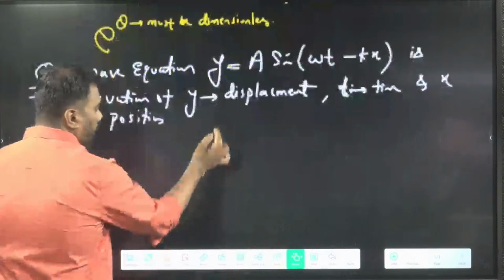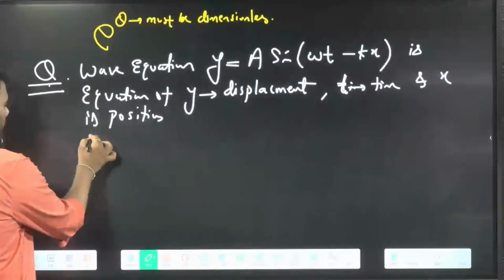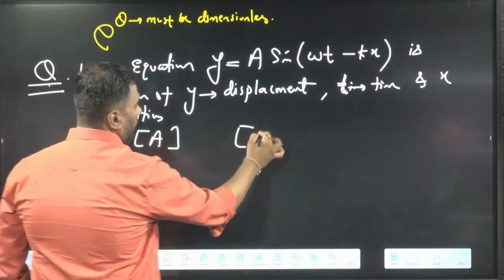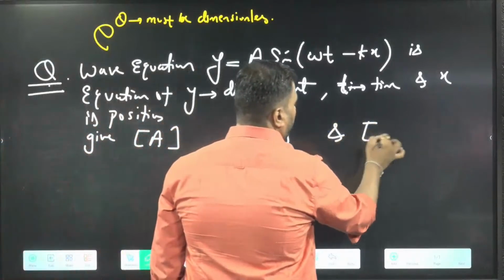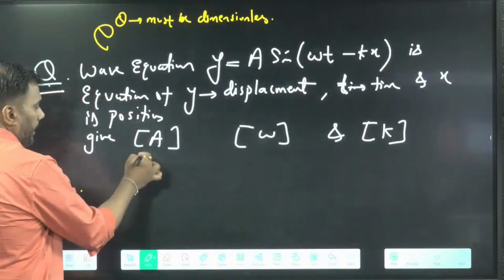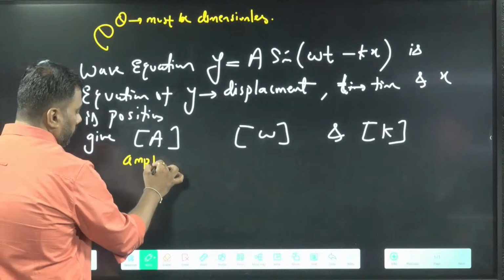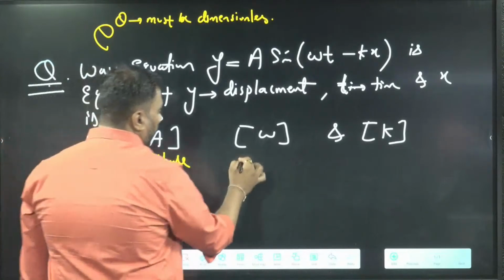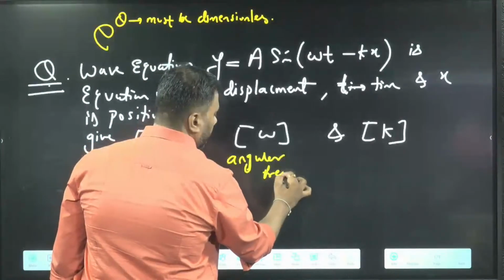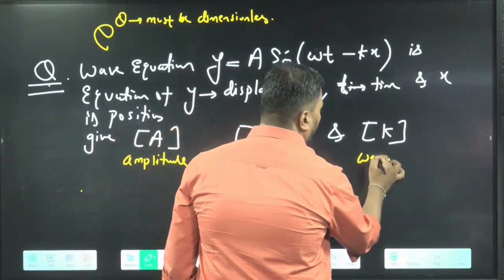I am giving you an equation. Give me dimensions of a, dimensions of omega, and dimensions of k. Here a is called amplitude, omega is called angular frequency, and k is called wave number.